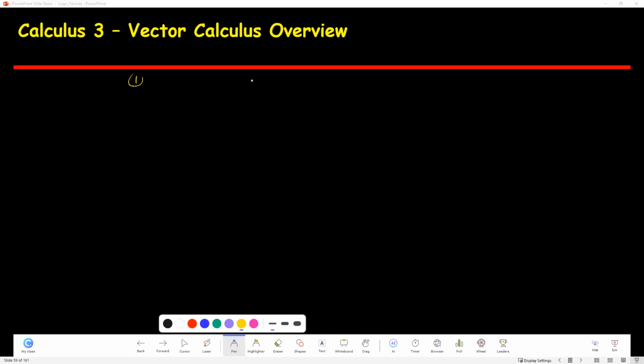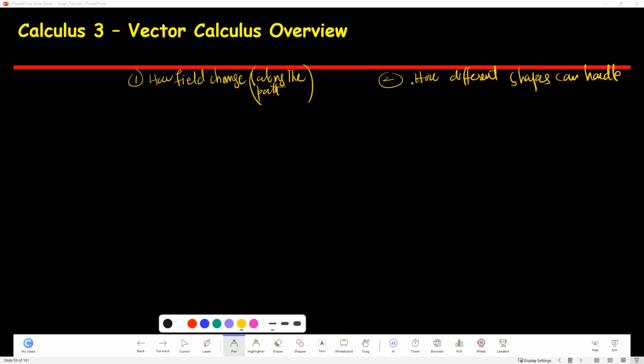Number one, how the field changes along the path, right? And number two, how different shapes can handle the field, right? So I'm interested in two.